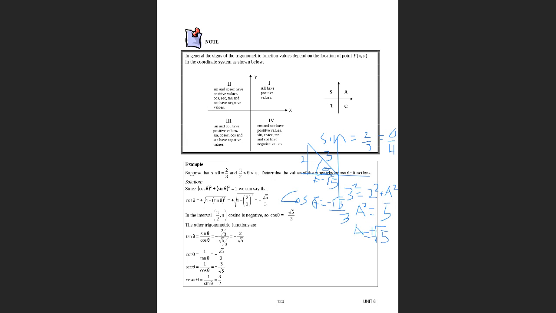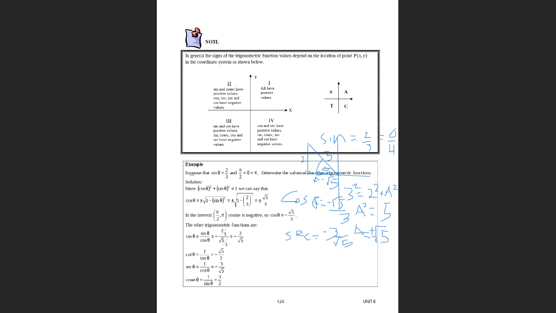Then sec is the reciprocal of cos, so it will be hypotenuse over adjacent. It will be negative 3 over square root of 5.